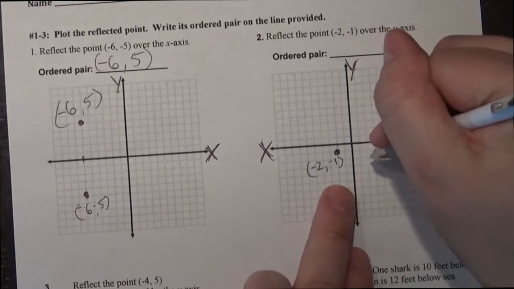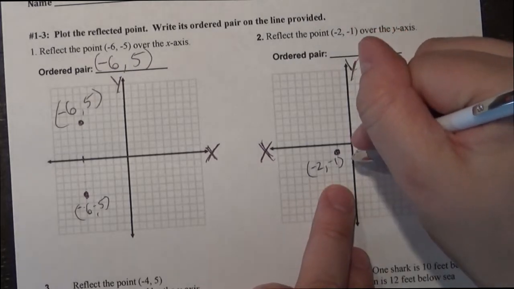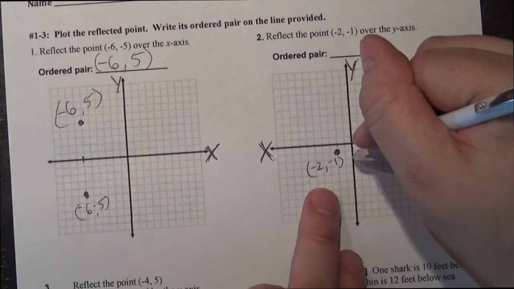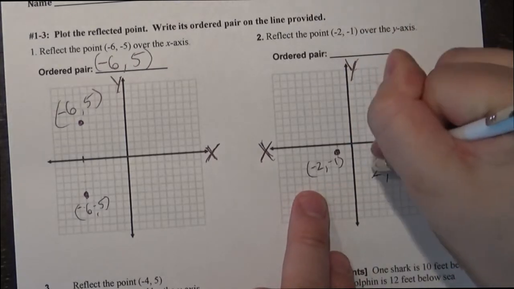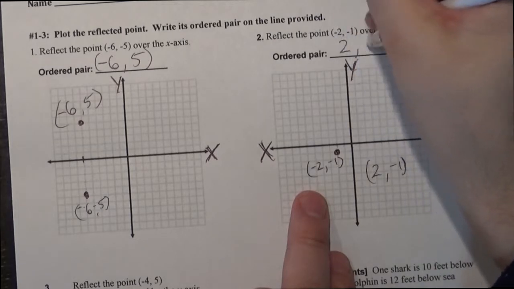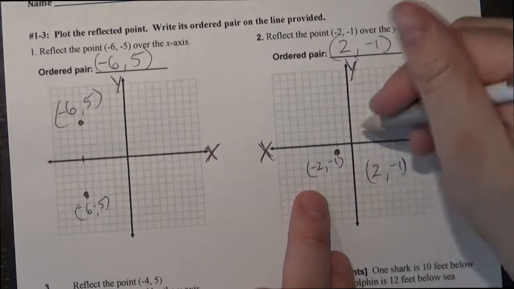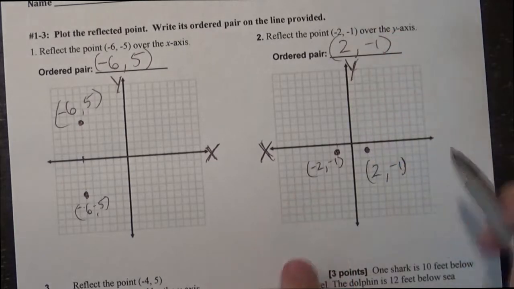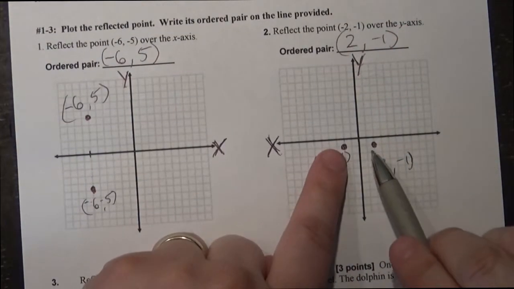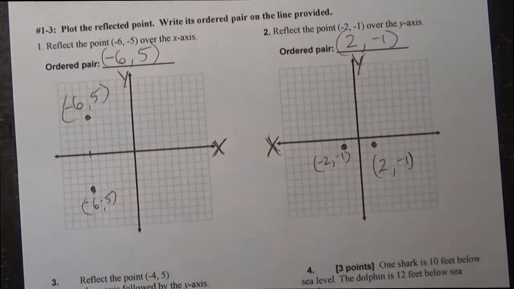So it's going to keep my y value, which is -1, and then the opposite of the x value, so it's going to be 2, -1. So 2, -1. Let me plot that out. So I have over 2, down 1, boom. Right there's my reflection, and hopefully you can see that that's pretty evenly spaced apart from the y-axis.